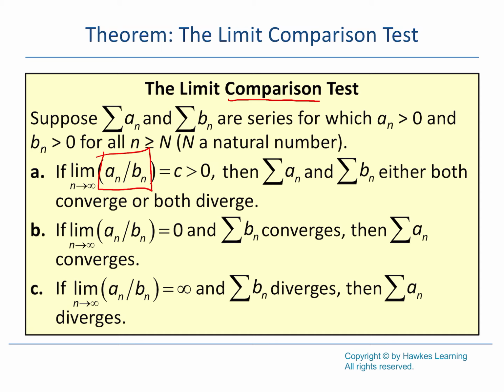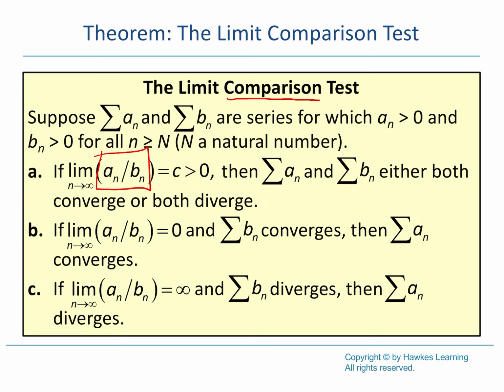For part B, here we're working with that same ratio, but in part B, Bn is bigger, and let's say it's quite a bit bigger than An in limiting behavior, so we're still looking at the tail end of it.